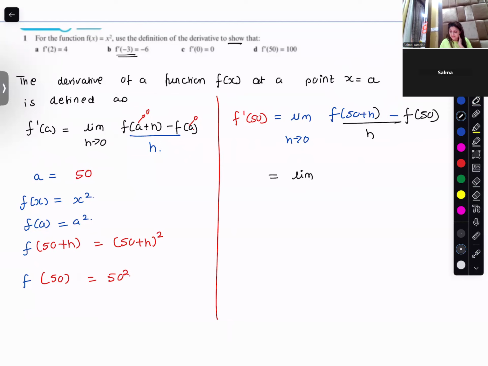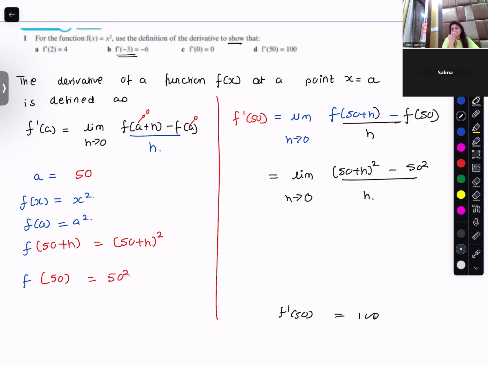So it's going to be limit h tends to 0. f of 50 plus h is nothing but 50 plus h the whole square minus 50 square, the whole divided by h. And when you solve this further, you know how to solve it now. You're going to get f dash 50 is equal to 100.